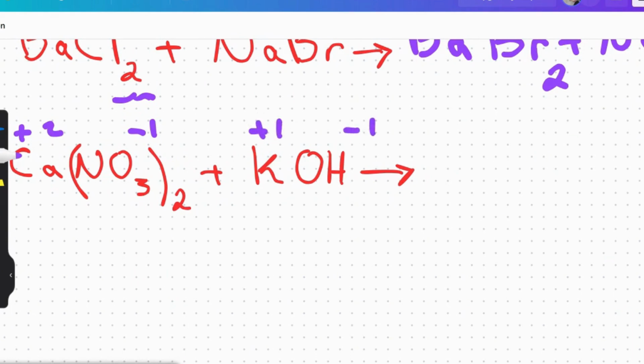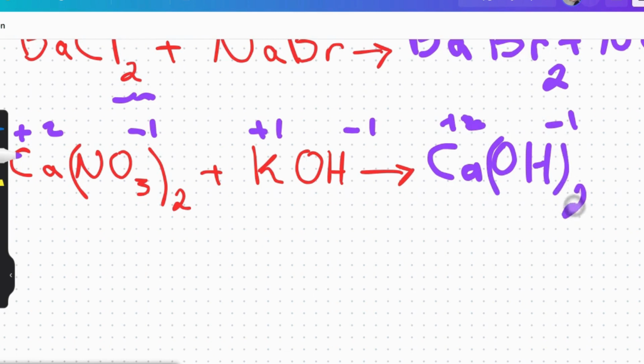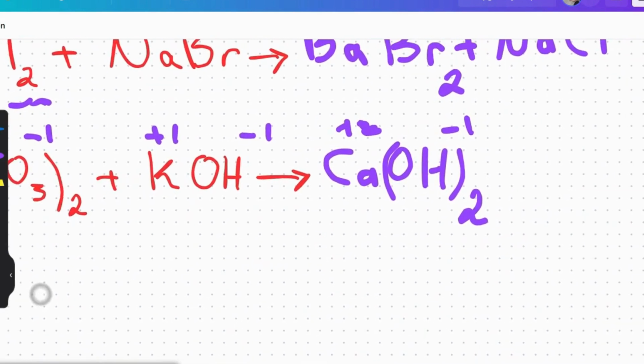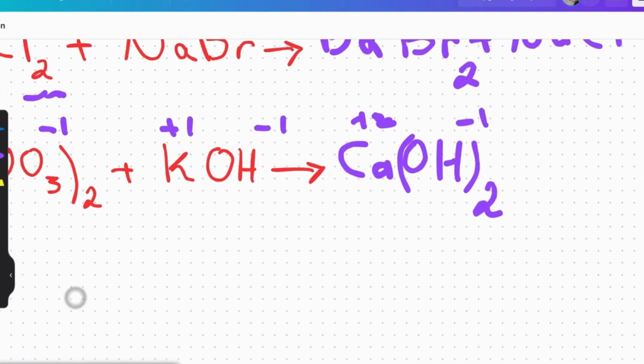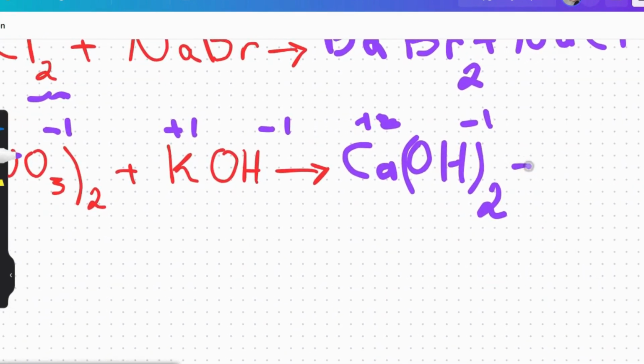Now start with the positive Ca with the other negative OH, write the charges +2, -1, cross over, CaOH2, plus the other positive, which is K, with what is the other negative here?